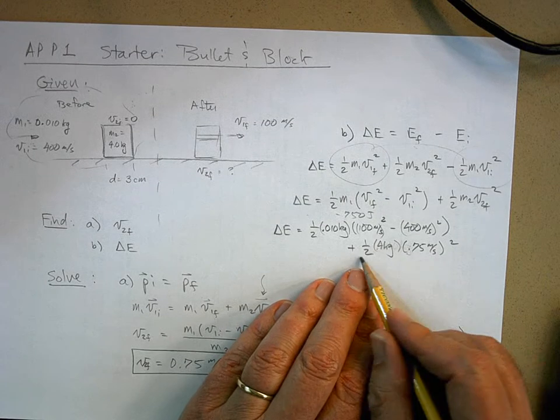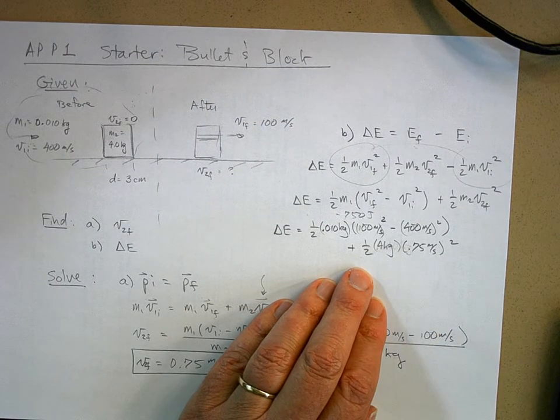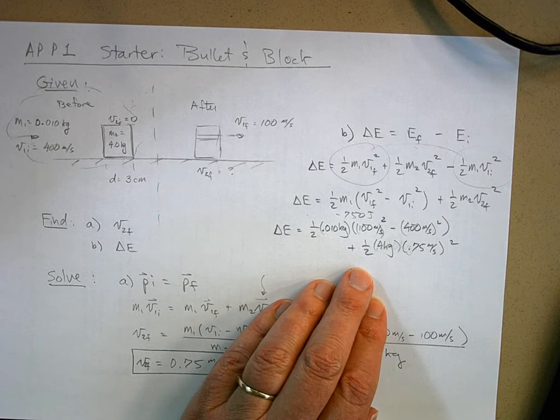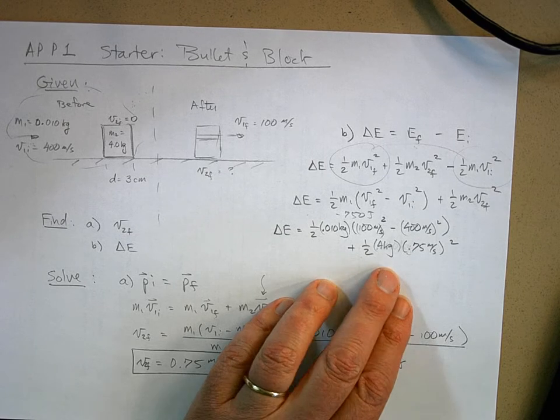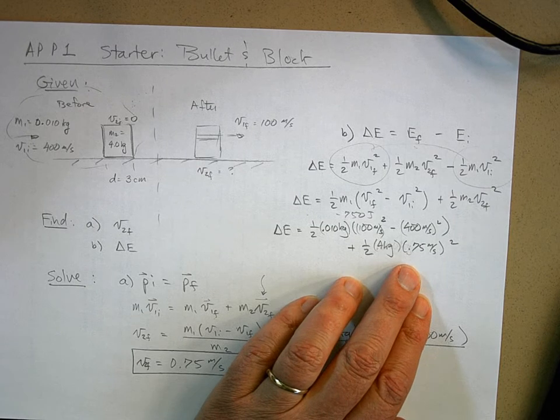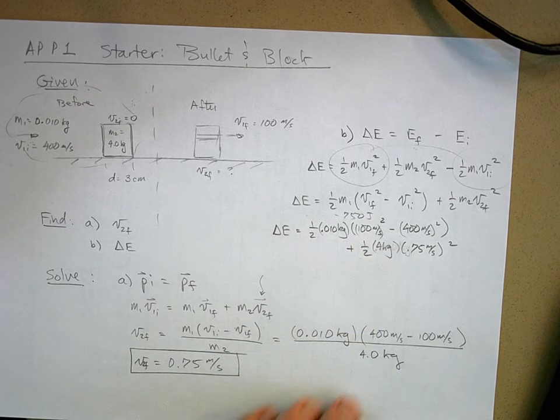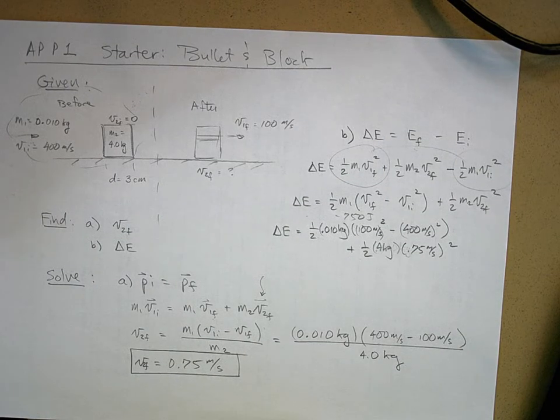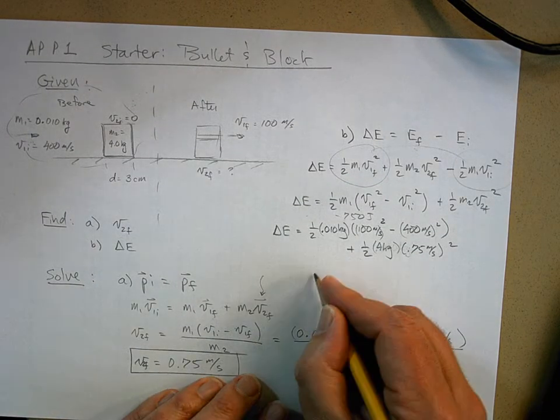And then we're going to add to it this, so plus 0.5 times 4 times 0.75 squared. And when you do all that, see, that hardly changed it at all.